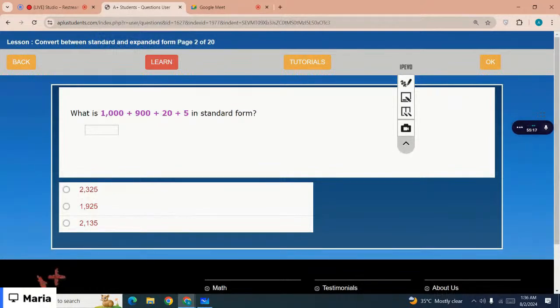So which is the correct option? The correct option is option number 2, that is 1925.